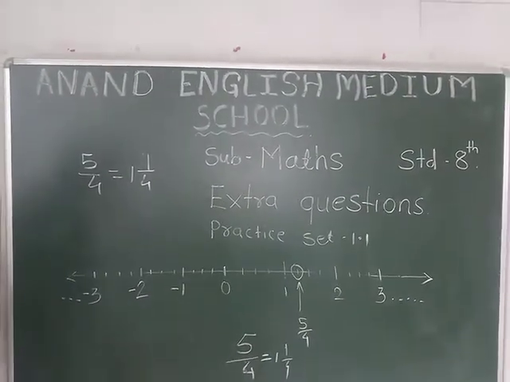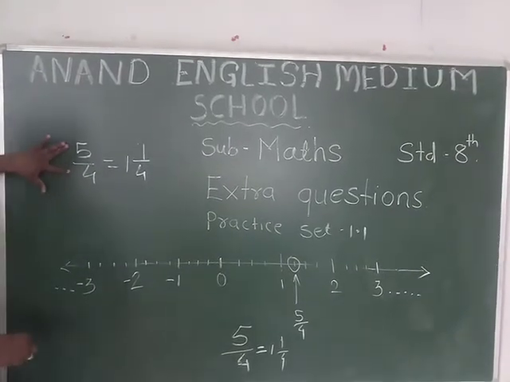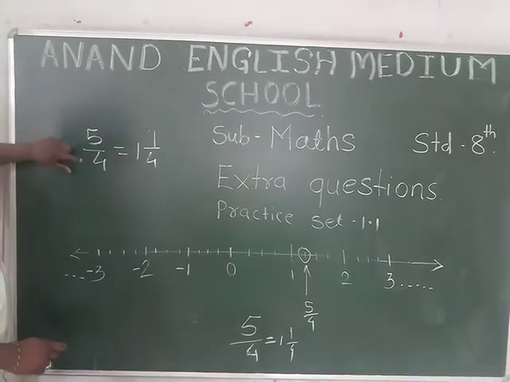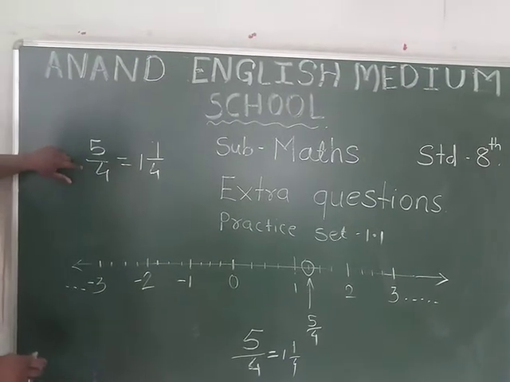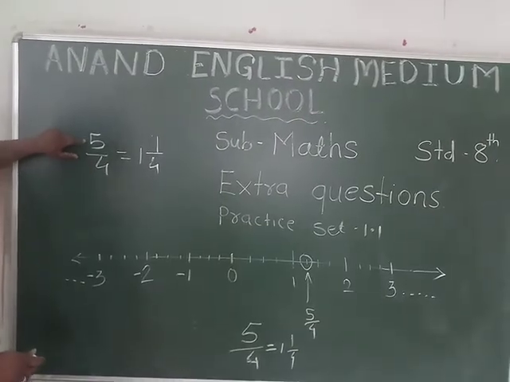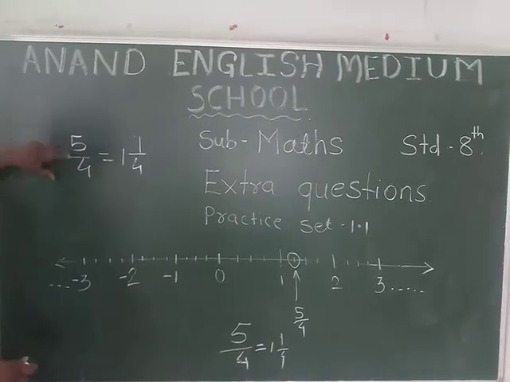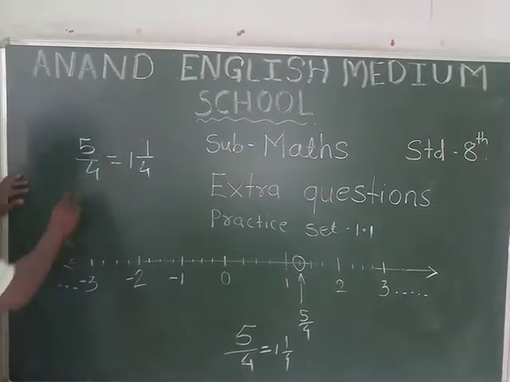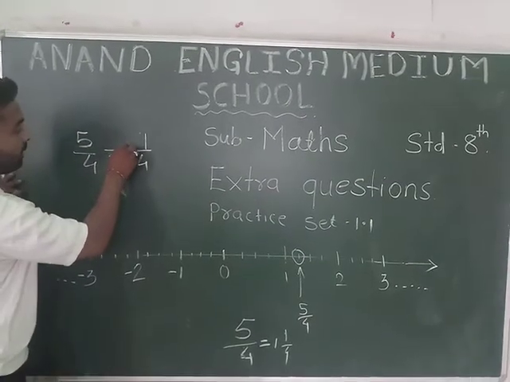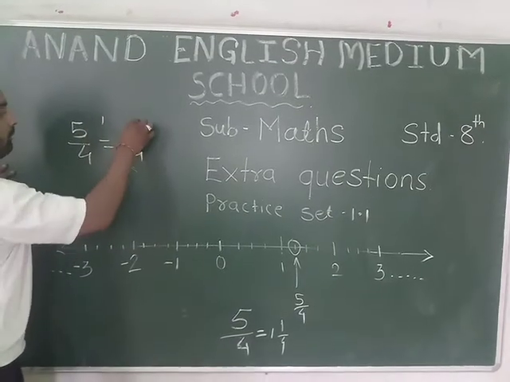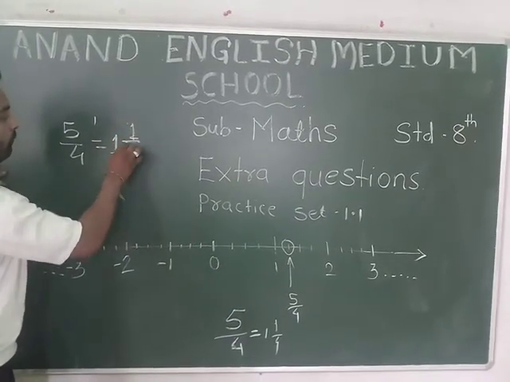Just listen. Whenever the numerator is greater than the denominator, you can divide this number by the denominator. Just like 4 ones are 4. How many remaining? 1. That means 1 upon 4.